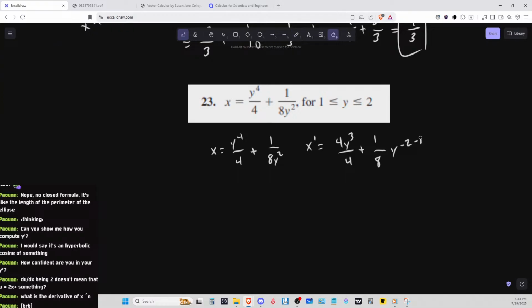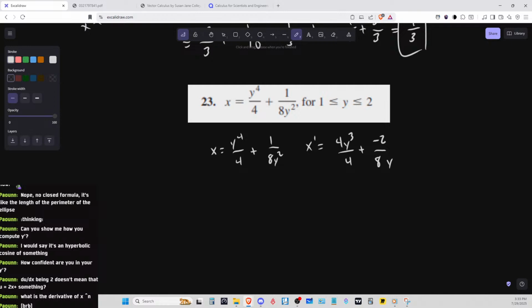So this one will be -2 and y 3. Actually, we should put a minus sign.